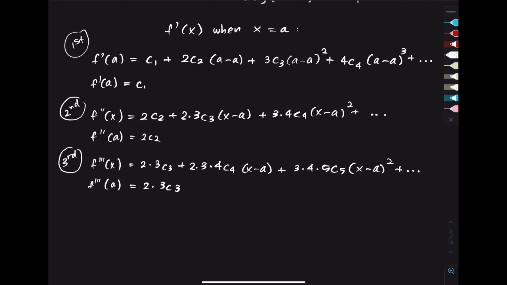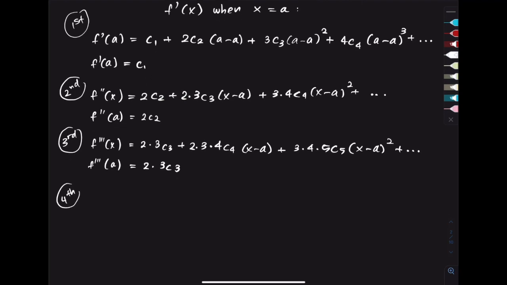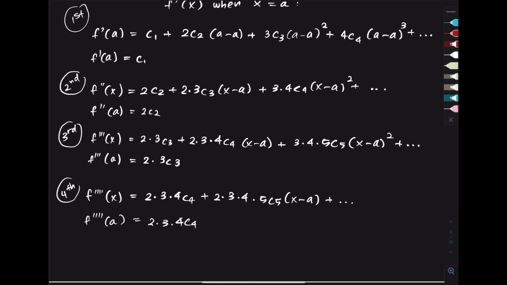Okay, so now let's do it with its fourth derivative. In its second derivative, the series simplifies to 2c, while in its third derivative, the series simplifies to 2 times 3c.